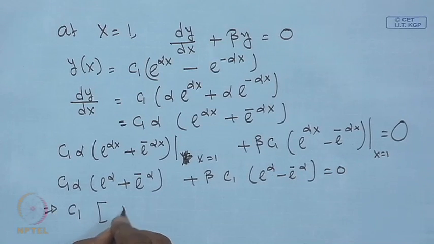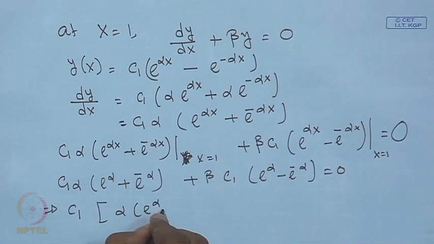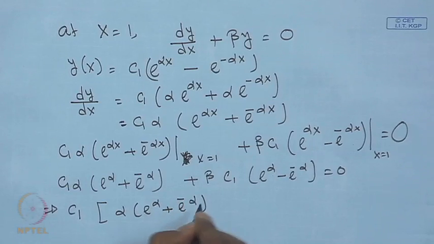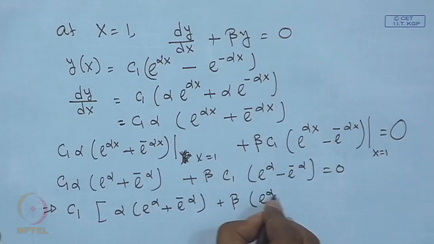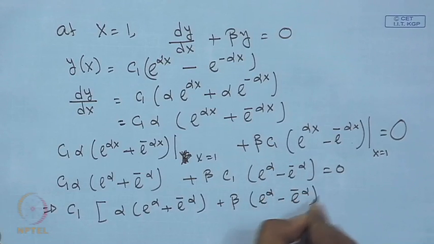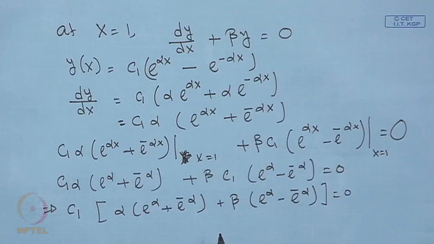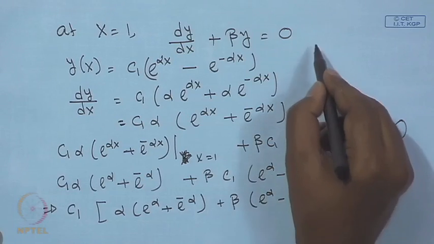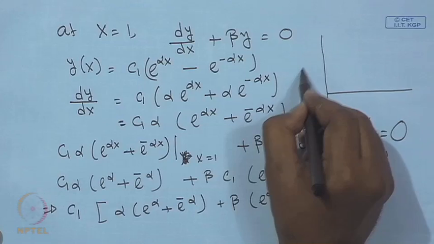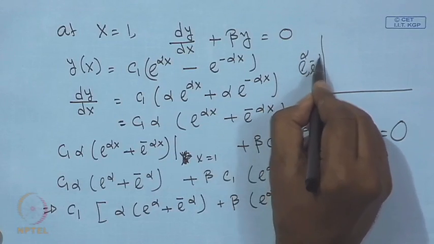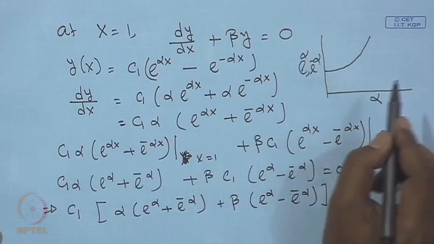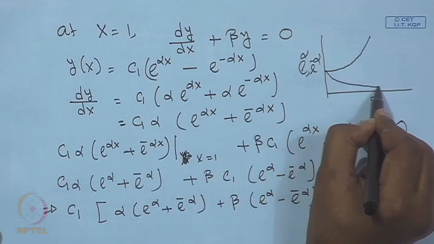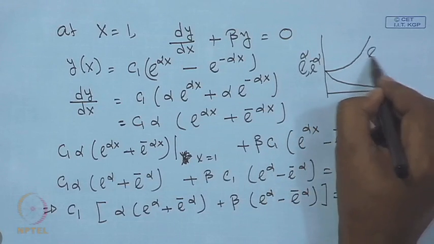So, this becomes alpha times e to the power alpha plus e to the power minus alpha, plus beta times e to the power alpha minus e to the power minus alpha, is equal to 0. Now, as we have argued earlier, if we look into the variation of e to the power alpha and e to the power minus alpha with respect to alpha, this is the variation of e to the power alpha and that is the variation of e to the power minus alpha.